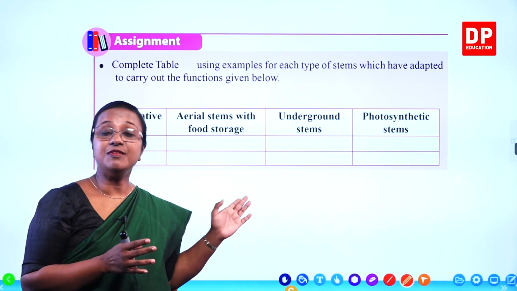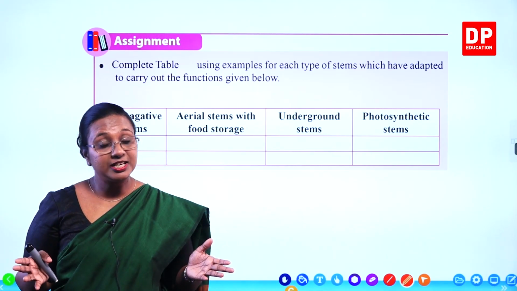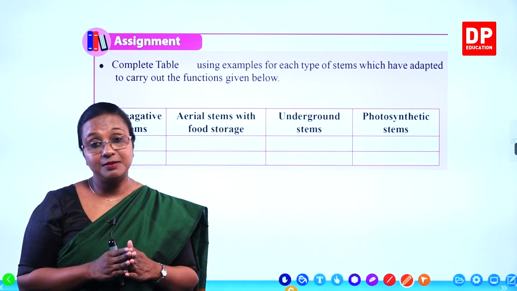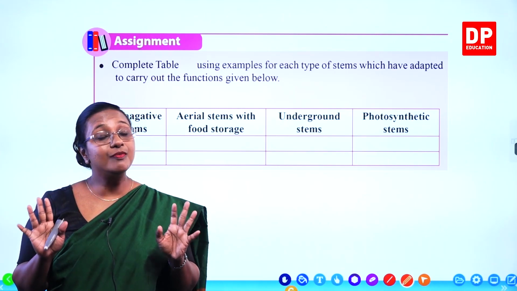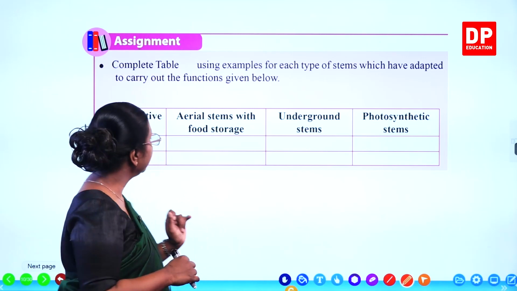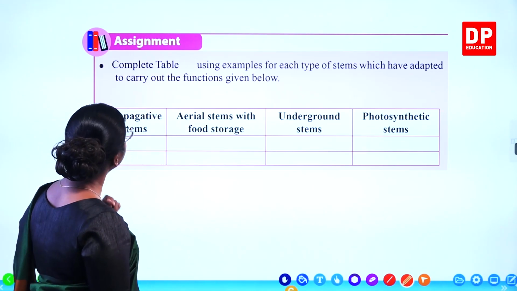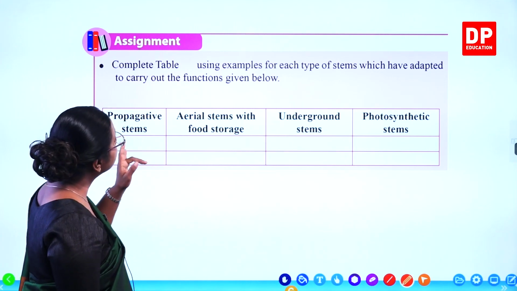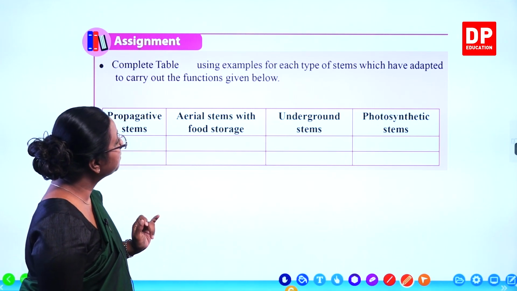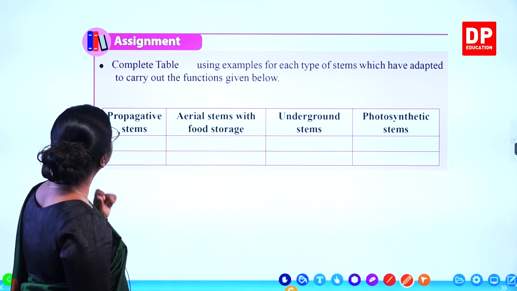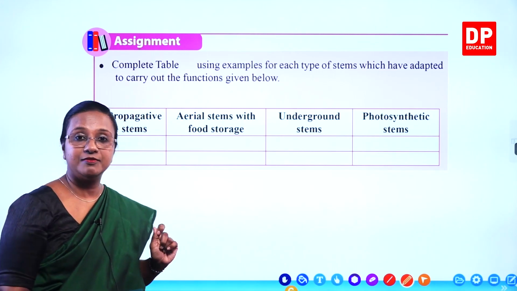And finally, we discussed the photosynthetic stems and the climbing stems. So you know what they are. Now what do we need to do? We need to fill in this table. Complete the table using examples for each type of stem which has adapted to carry out the functions given below.